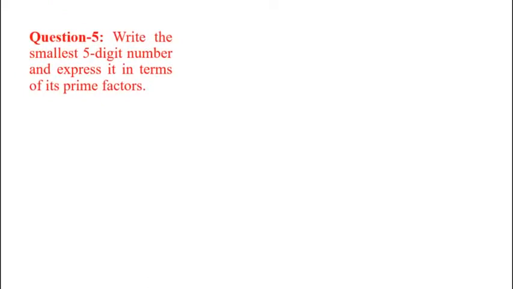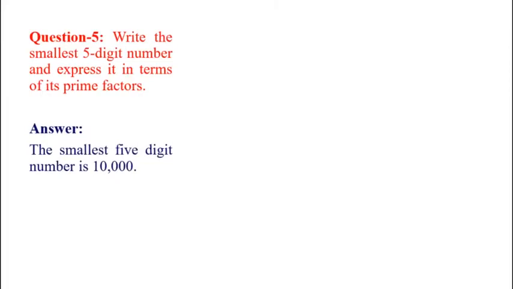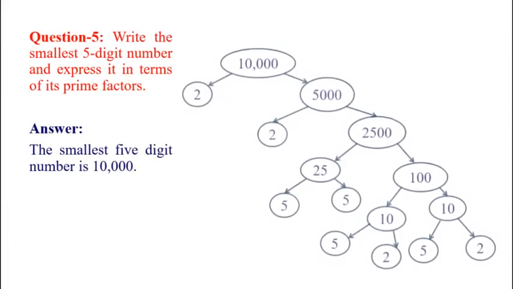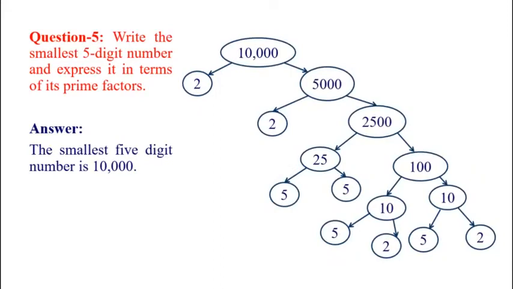Question number 5. Write the smallest 5-digit number and express it in terms of its prime factors. So, the smallest 5-digit number is 10,000. So, 10,000 is equal to 2 into 5,000. Again 5,000 is equal to 2 into 2,500. So, 2,500 is equal to 25 into 100.